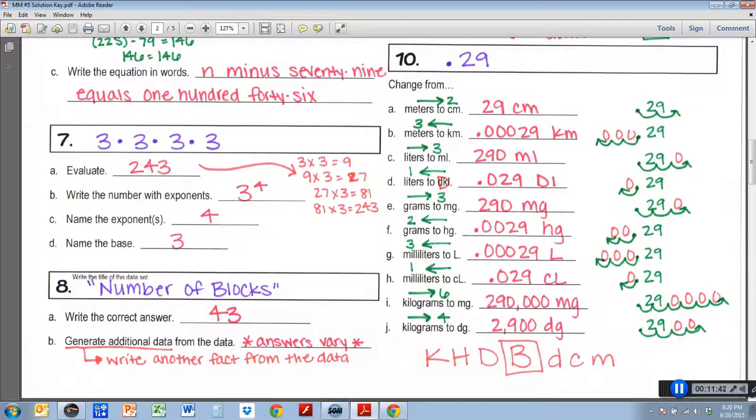Milliliters to centiliters only moves 1 time to the left. Kilograms to milligrams moves 6 times to the right. So we're starting with that K and we're going all the way to the little m, 6 times to the right. And then kilograms to decigrams, the little d, is 4 times to the right.